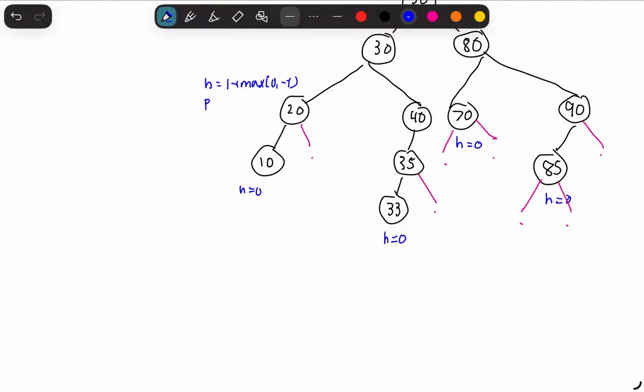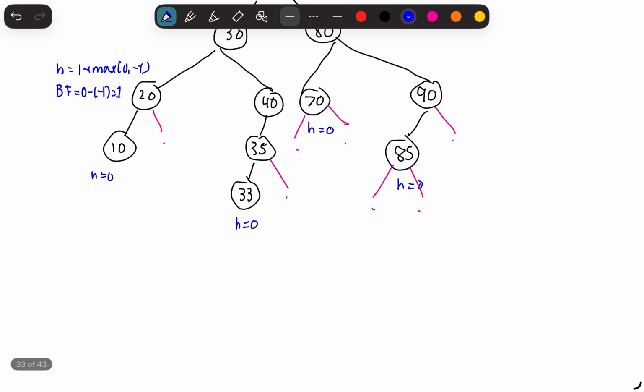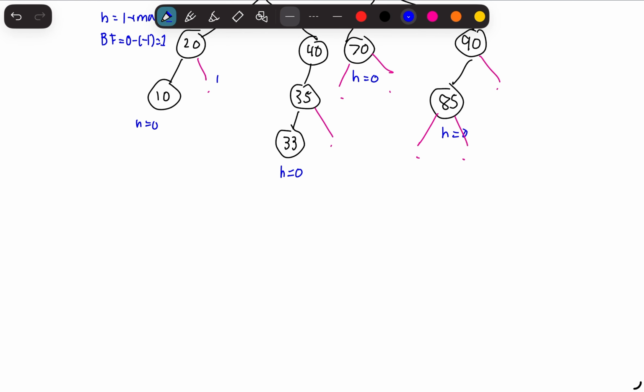and for your balance factor, you're going to take the height of your left minus the height of your right. So that's balanced. Now let's look at 35. For 35, your height is equal to 1 plus max of 0 and negative 1.